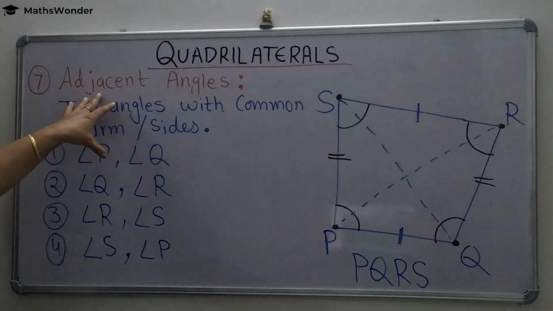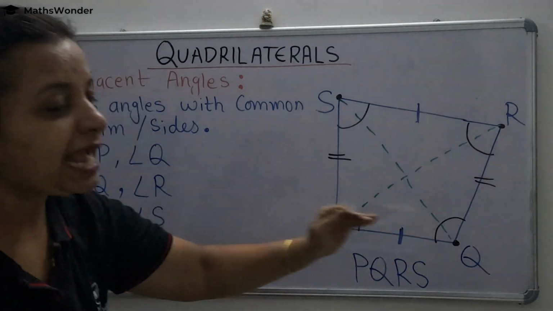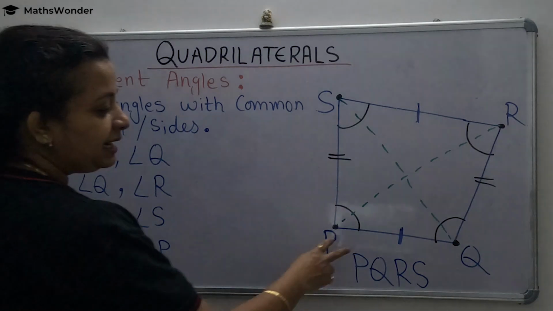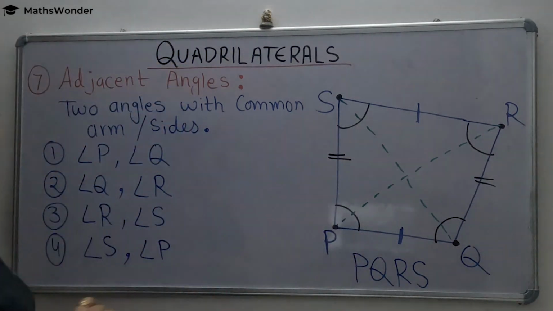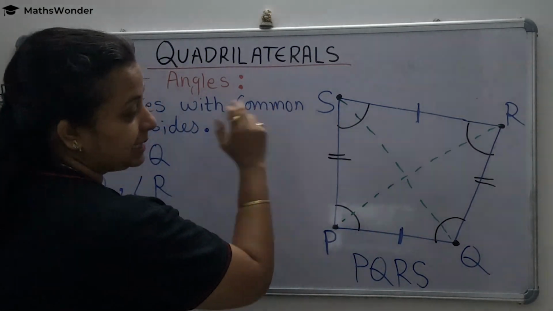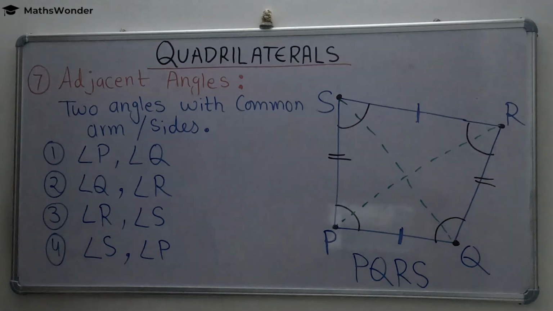Suppose in the last topic, adjacent sides, we found the neighboring sides. When we are talking about angles, you will find the neighboring angles. So P is the neighbor of Q, P is the neighbor of S. Same, Q is the neighbor of R, Q is the neighbor of P, like that. Accordingly, you can write it in your notes.